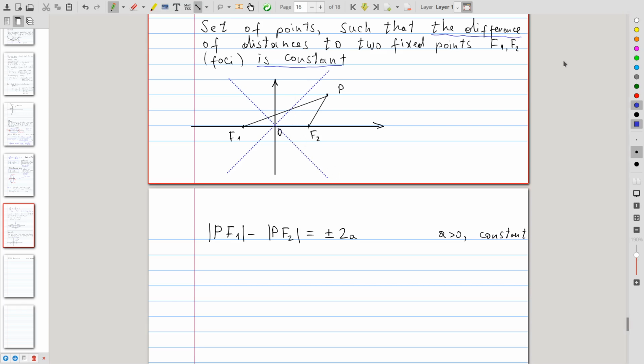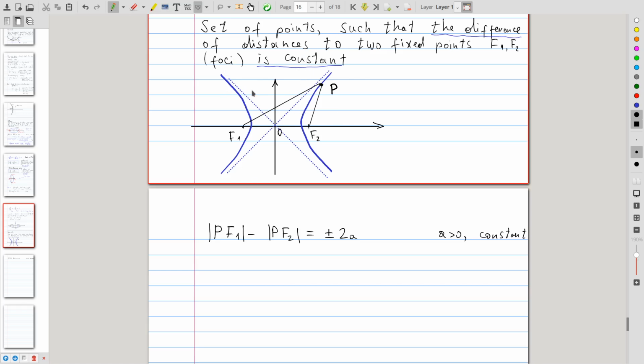For now, we'll just need them for the sketch. Let's move the point P a little bit, like so. And then we can sketch the two branches of the hyperbola like this, shown here in thick blue lines.